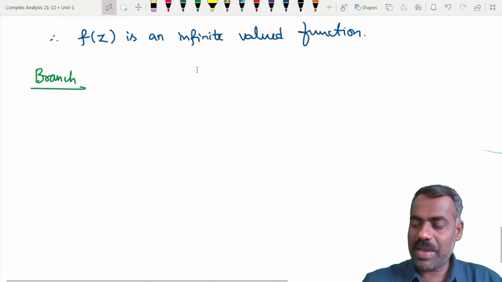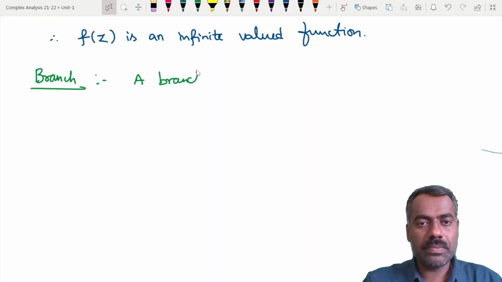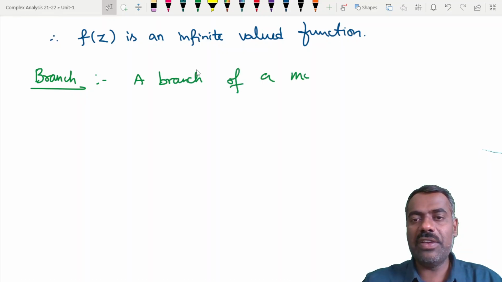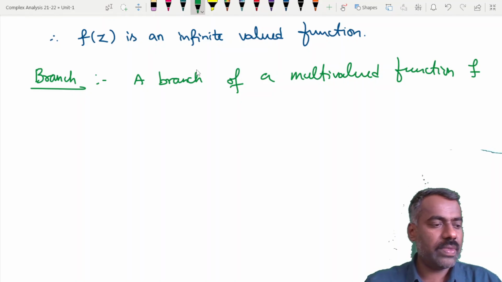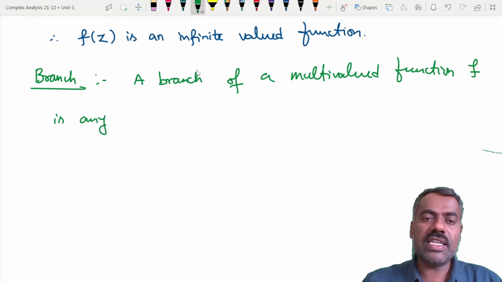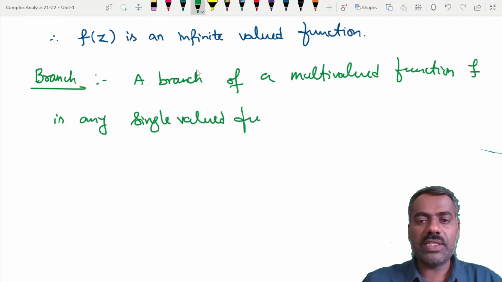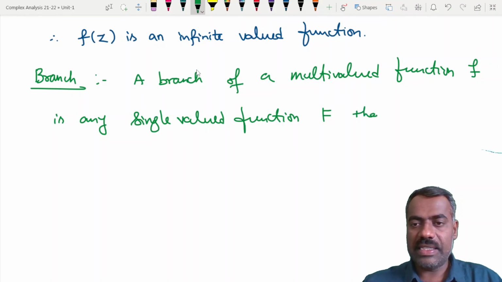Okay. So what is meant by a branch? It is a branch of a multi-valued function f, which is any single valued function. You can denote this by, say, capital F, which is analytic.